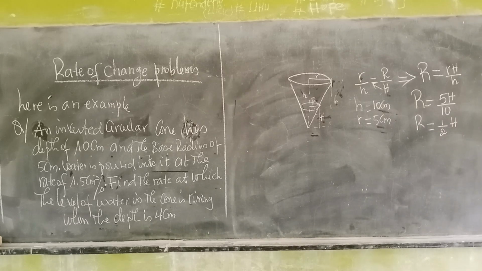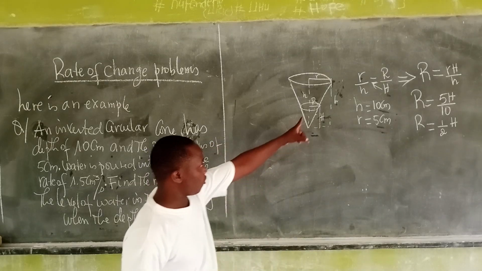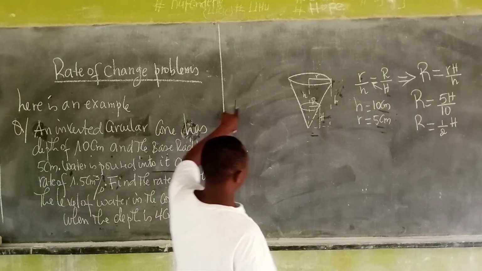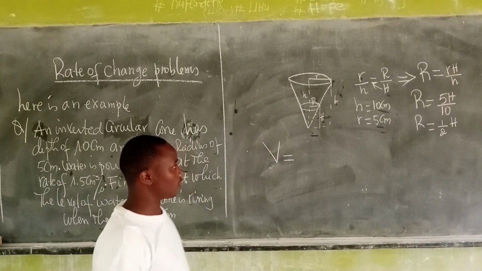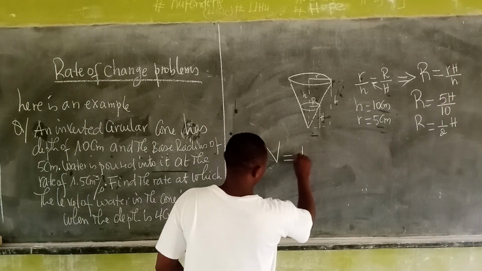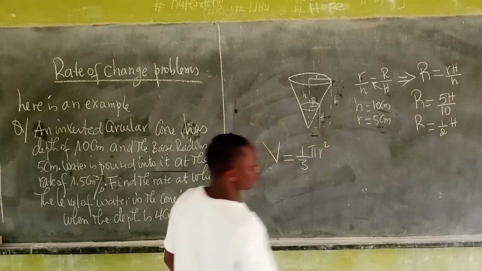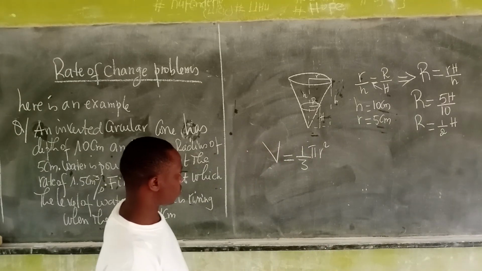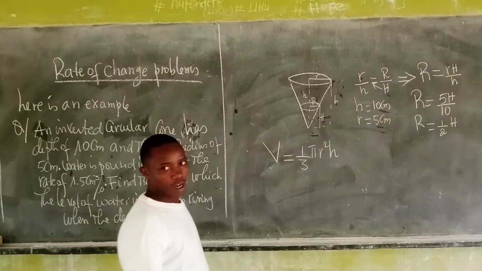So, let's come back to the volume of a cone. The volume of a cone is equal to one third of pi times the radius squared, multiplied by the height.